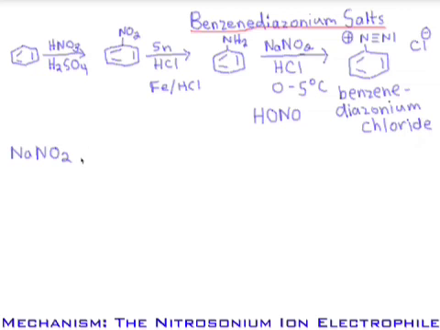Now sodium nitrite can react with HCl to produce sodium chloride and HNO2, which is HONO, nitrous acid.